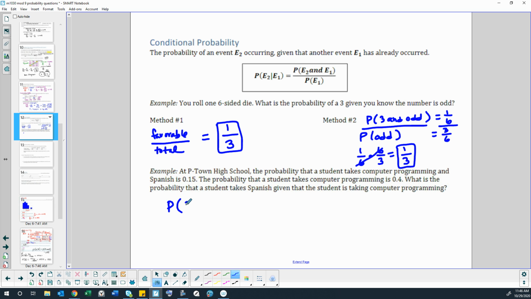So the probability of Spanish, given they're taking computer programming, is going to be the probability of Spanish and computer programming divided by the probability of computer programming. That's just using this formula, right? So the probability of a student taking Spanish and computer programming is 0.15.